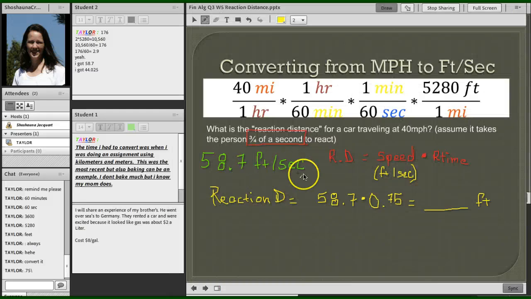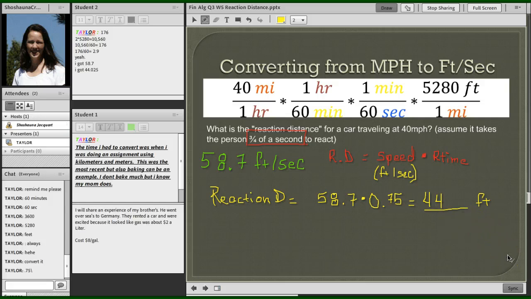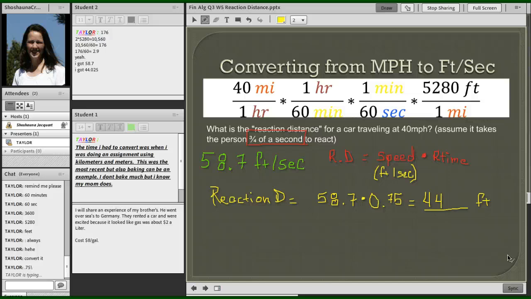Okay, I like your answer. We're going to go ahead and just round up to 44 because 0.025 of a foot is worth noting, but it's okay. We just rounded to the nearest tenth. So 44 feet, what does that mean? To me, it's actually kind of scary, because 3/4 of a second is actually a normal reaction time.